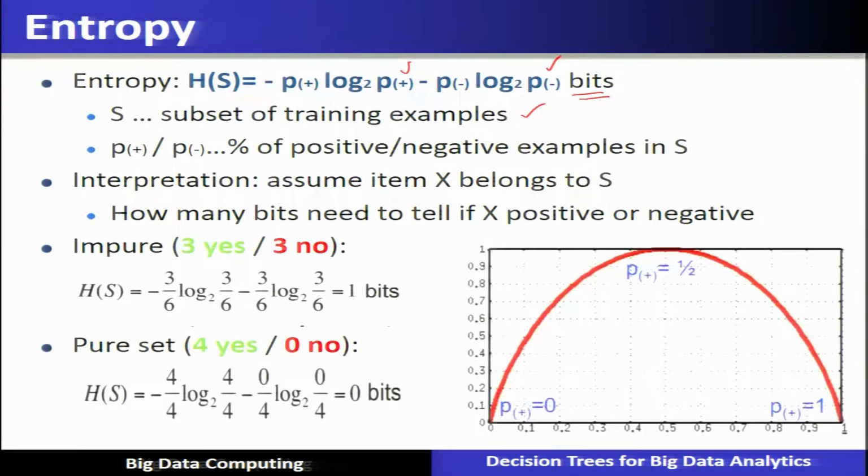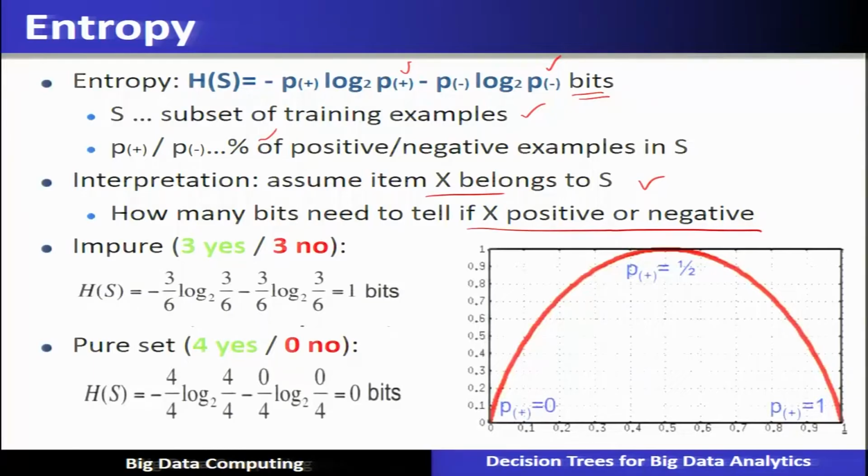Now, p plus and p minus are the percentage of the positive and negative examples in S that we are going to evaluate. The interpretation is, let us assume an item X belongs to a set S, and we have to estimate how many bits are needed to tell if X is positive or negative.